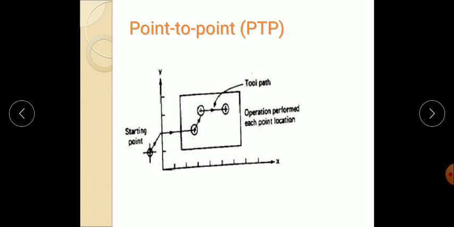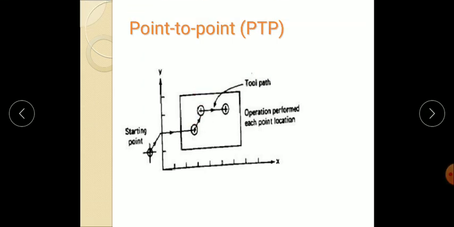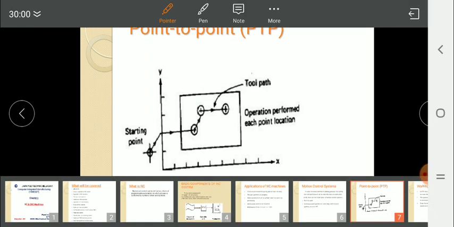In a point to point system, the main objective of a machine tool control system is to move the cutting tool to the predefined location. So consider this is the first location, this is the second location. The main objective of the point to point system is to move from one predefined location to the other location.